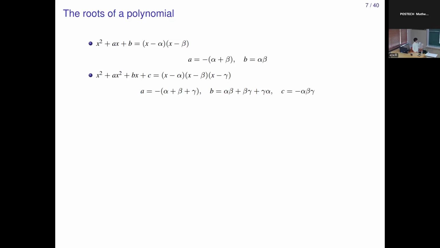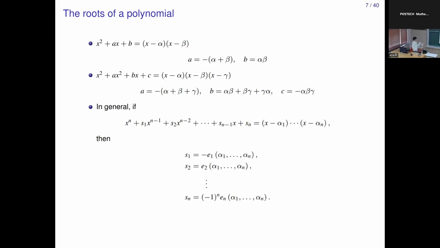In general, if we have a degree n polynomial with leading coefficient 1, and alpha 1 up to alpha n are the roots, then the coefficients are really just the elementary symmetric polynomials up to sign, right?